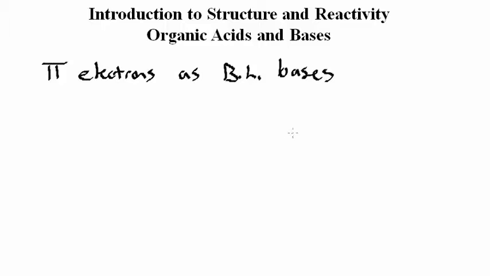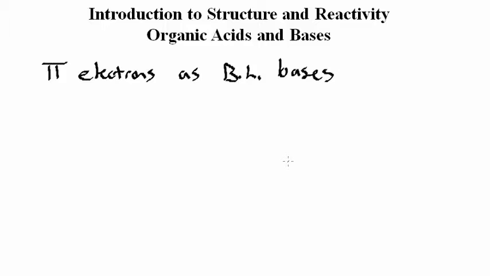Now, in the previous examples, we considered proton transfer to atoms having a non-bonding pair of electrons. Proton transfer reactions also occur with compounds having pi electrons. For example, these are the pi electrons of carbon-carbon double and triple bonds.